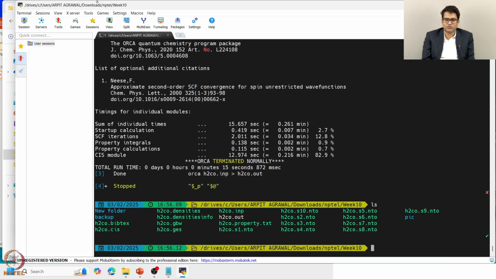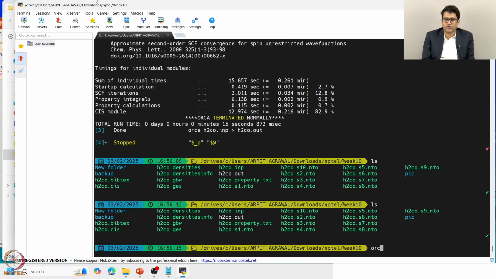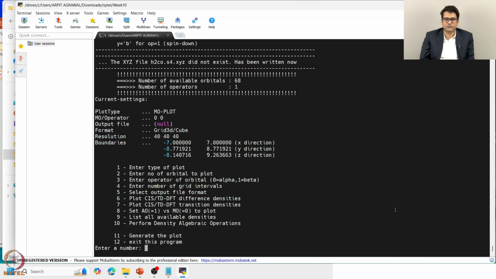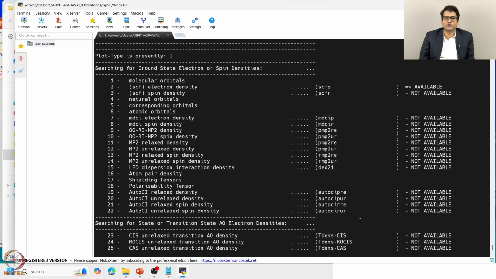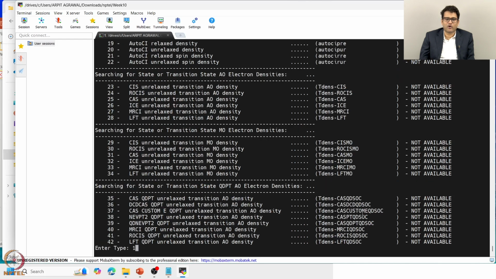So, I will run orca_plot for H2CO.NTO and give it -i for interactive mode. The plot type is molecular orbital plot. NTOs are like molecular orbitals, so I will choose a molecular orbital plot.